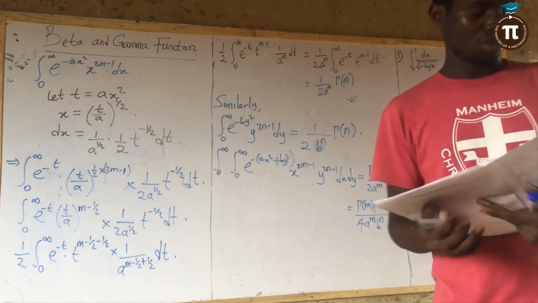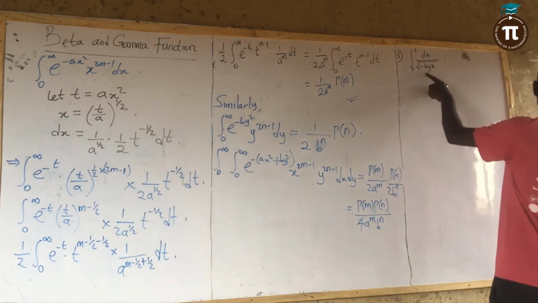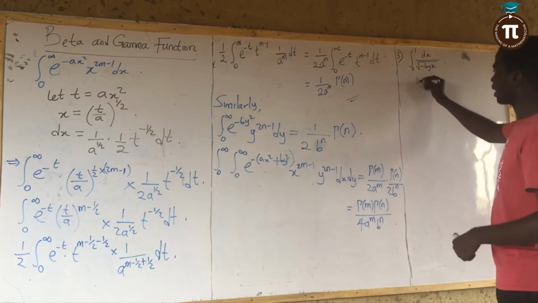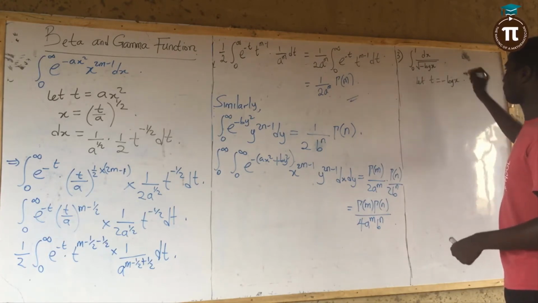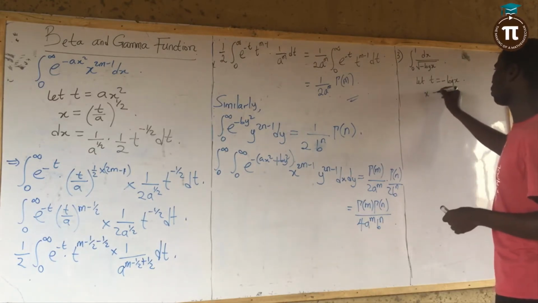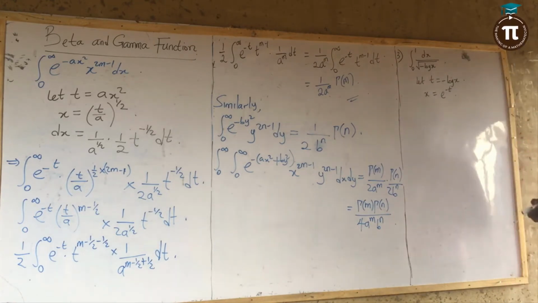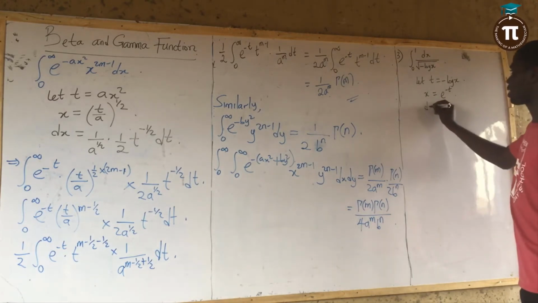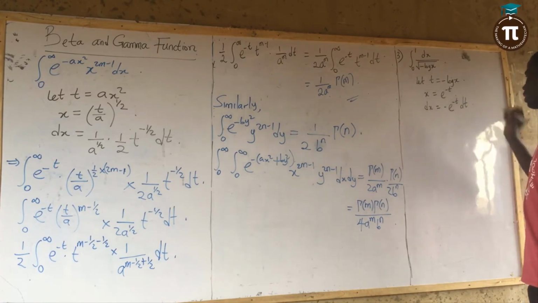The surest thing to do is to let t be equal to minus log x. You then make x the subject of formula. x will be equal to e raised to power minus t. That is what x would be. So differentiate: dx will be equal to minus e raised to power minus t dt.